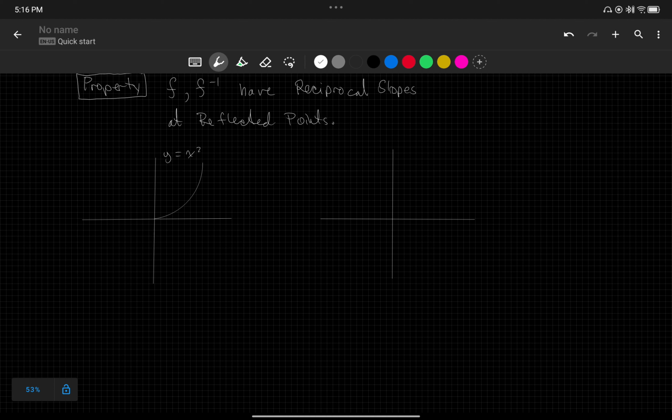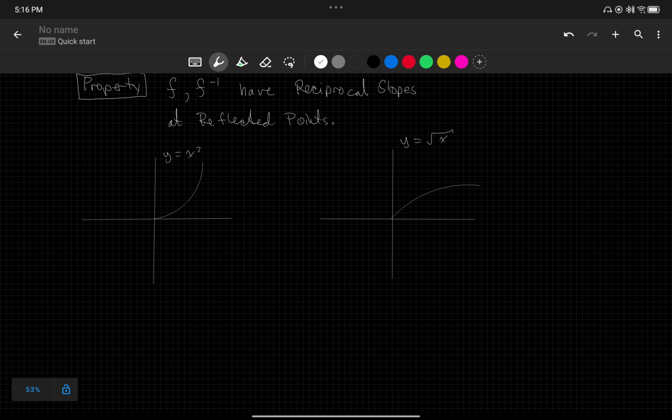So this one was square root of x. Okay, and we need reflected points.